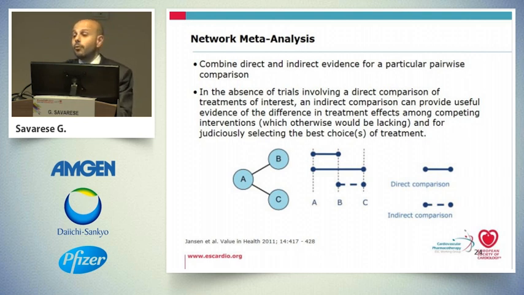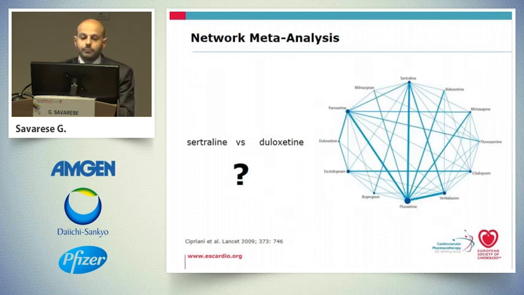It's just important that, for example, if we are comparing treatment A with the placebo and treatment B with the placebo, and we want to get a comparison between A and B, the placebo has to be similar in the two studies, otherwise they don't really have a common comparator. So this is an example of network meta-analysis.